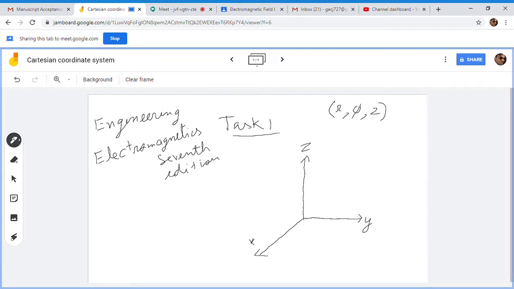The author of this book is W.H. Hayt and J.A. Buck. We normally call it Buck. The publication is Tata McGraw Hill, TMH.